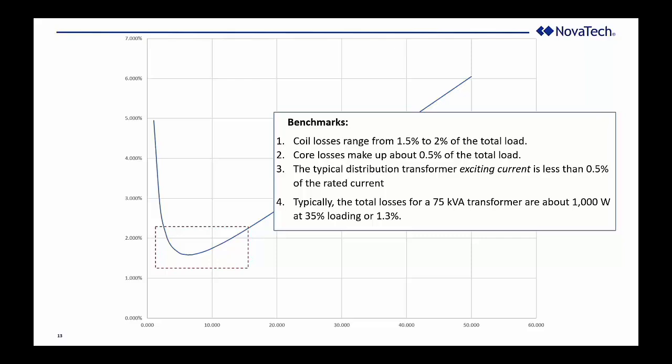There is some deviation in the calculation of the losses over abnormal conditions of balance and loading. So people wonder, if my loss calculation is off by 2 or 3 or 5 or 10%, what good is it to report the losses?